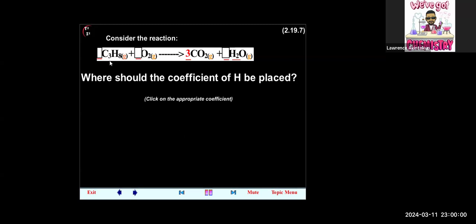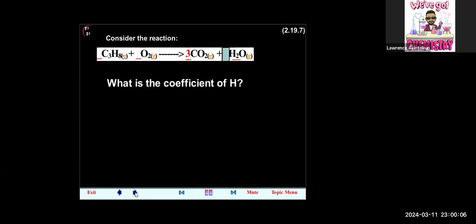What is the coefficient of H? So how do you determine that? When you have H8 on the left-hand side and you have H2 on the right-hand side, how do you make them equal? And what coefficient has to be there?